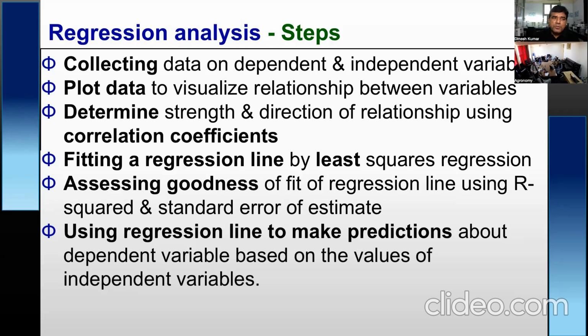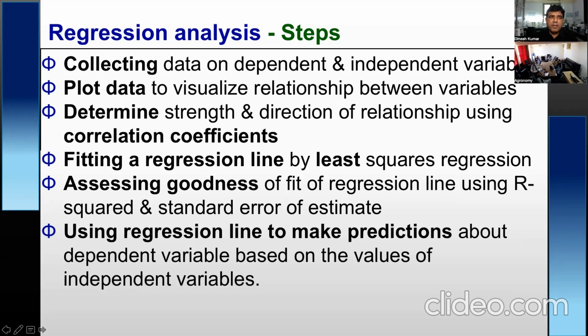So what we need to do is collect the data. Collecting the data means, say, your fertilizer doses. Fertilizer doses are your independent variable. You collect the data on fertilizer, which is also the input, and this fertilizer will be represented on the x-axis of the curve.